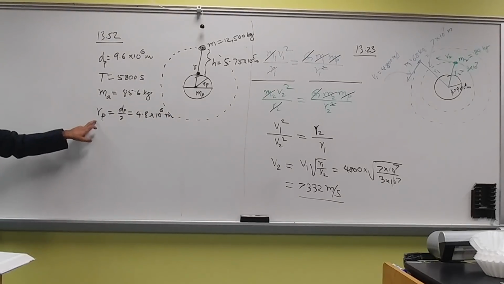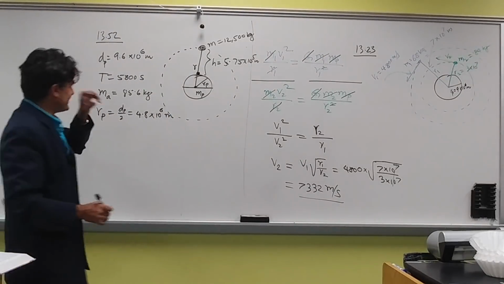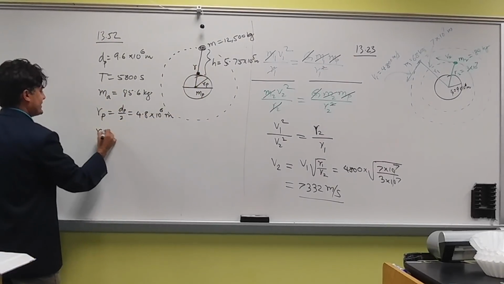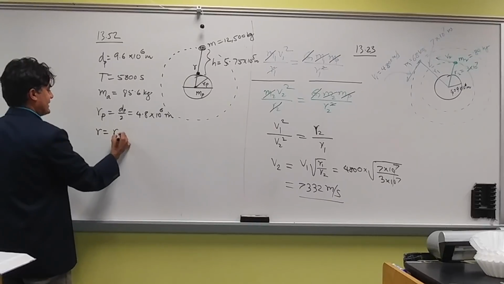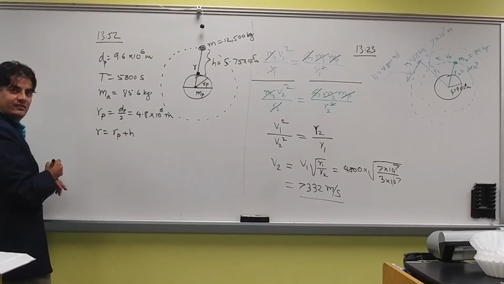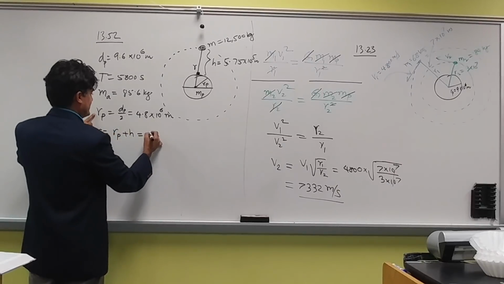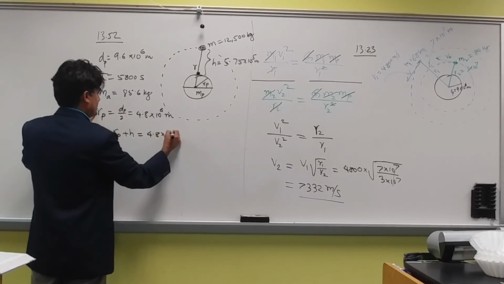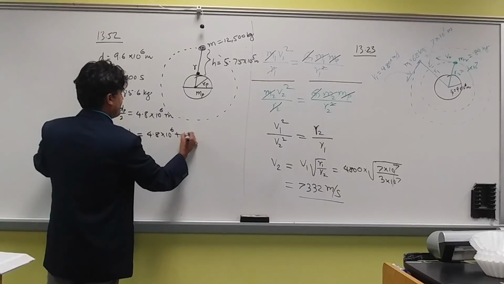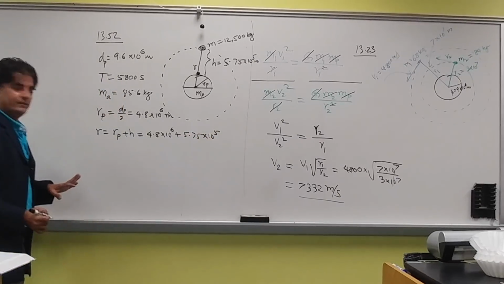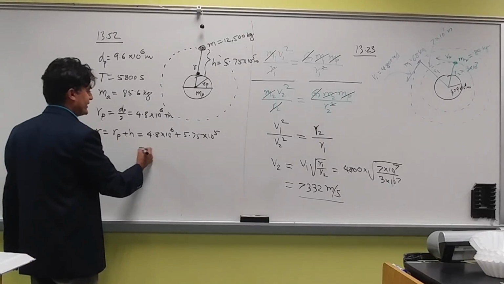Yep. So you have the radius of the planet, and once you get the radius, you know this r. So your r is R of the planet plus the height. R of the planet is 4.8 times 10 to the 6 plus 5.75 times 10 to the 5. Do this math really quick.